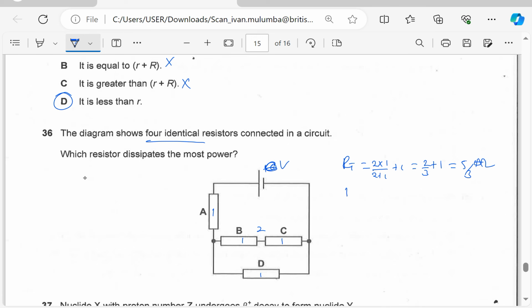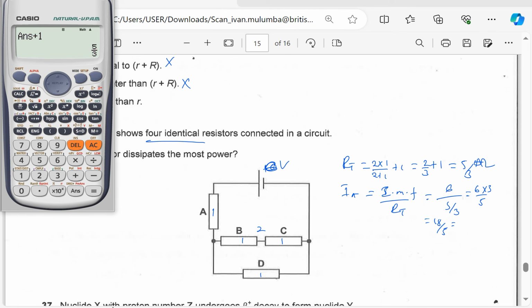Then if I want to find the current in A, it is automatically going to be the EMF over total resistance, because it is in series with the battery. So it will be 6 divided by 5 over 3, which is 6 times 3 over 5, which is 18 over 5. So the current here is 18 divided by 5, 3.6.